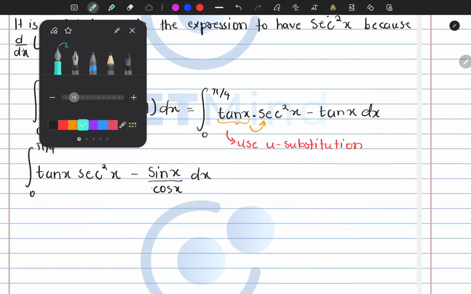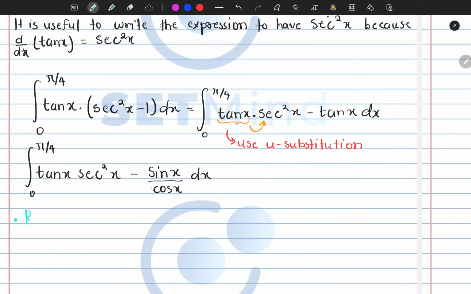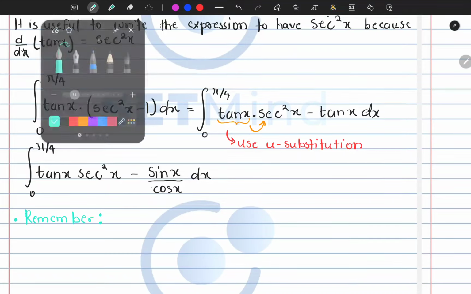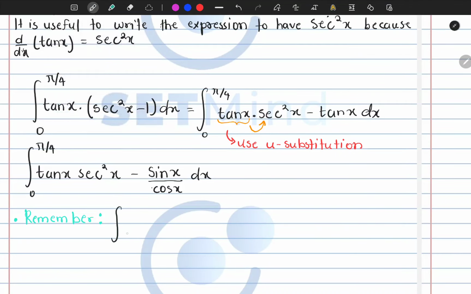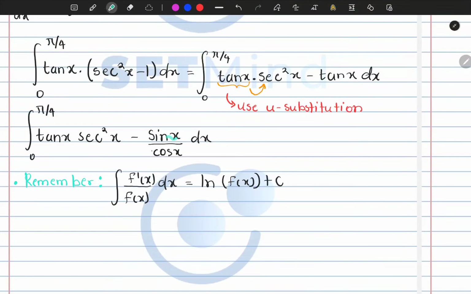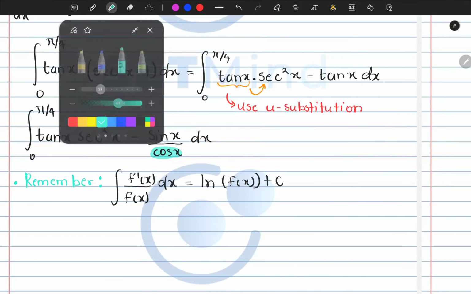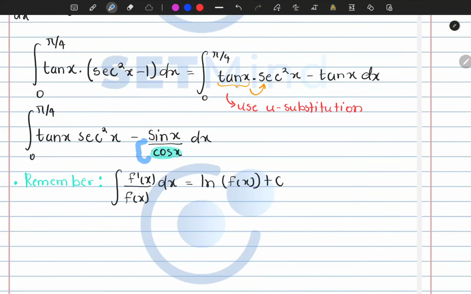Before I carry on, there's something I want you to remember: if we have the integral with f of x in the denominator and the numerator is the derivative of the denominator, the answer simply becomes ln of f of x plus c. Here the denominator is cos x, and when I differentiate it, I get the numerator, negative sine x.